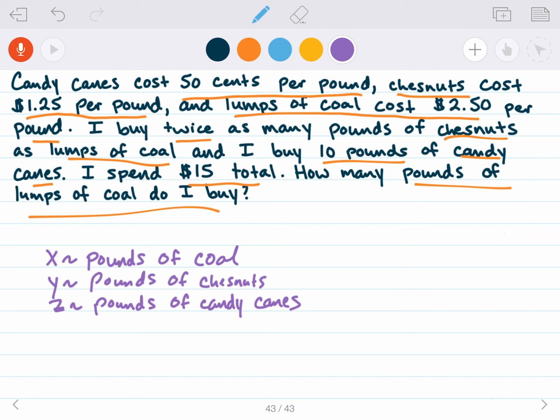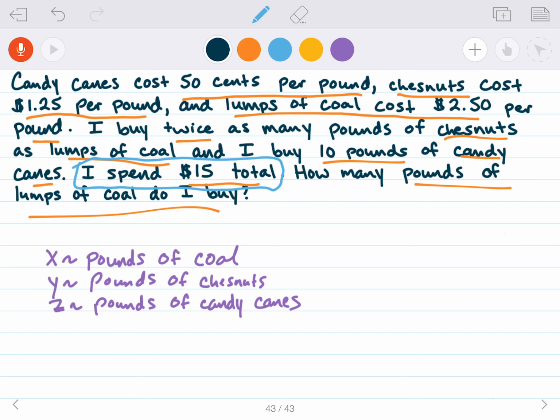Now I need to use this little paragraph to set up some equations. So candy canes cost 50 cents a pound. Chestnuts cost $1.25 per pound. Lumps of coal cost $2.50 per pound. And I spend $15 in total. So I'm looking at the first sentence and the last sentence to combine these into an equation.